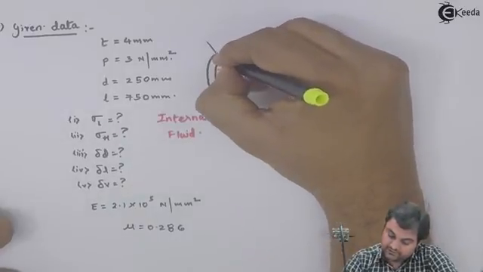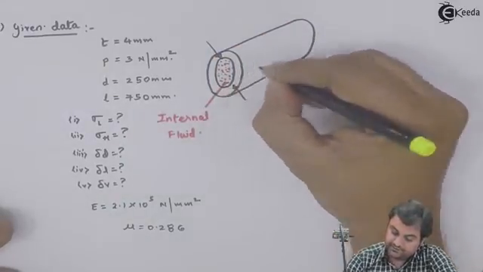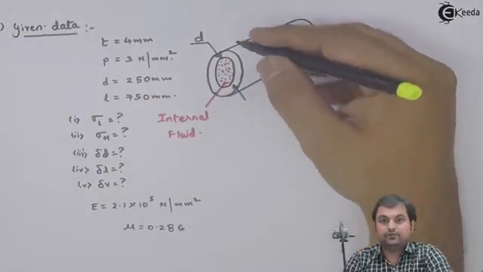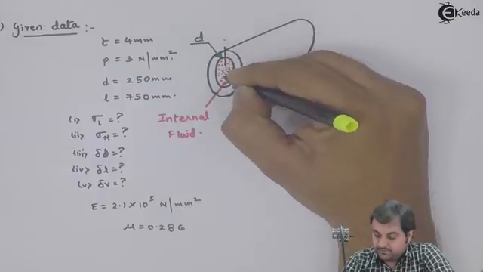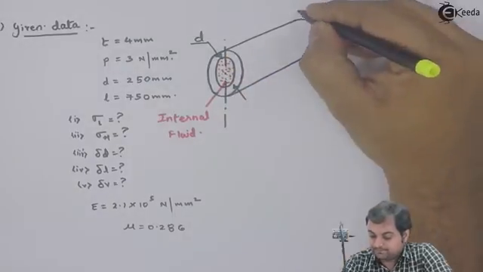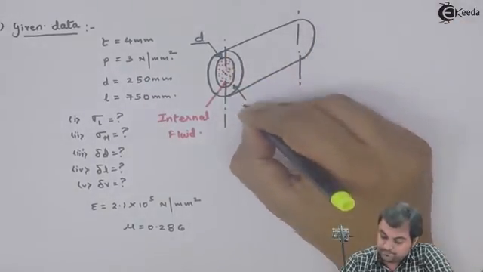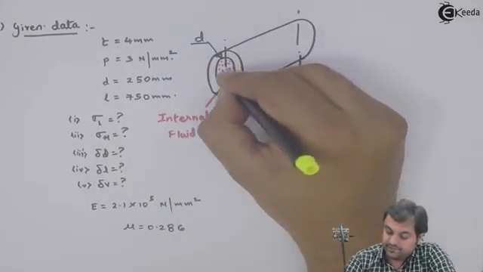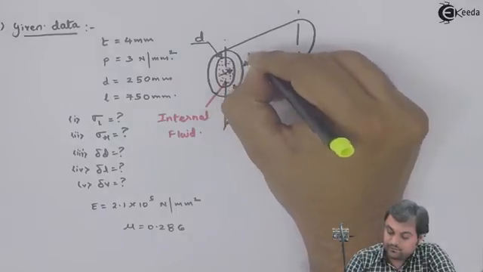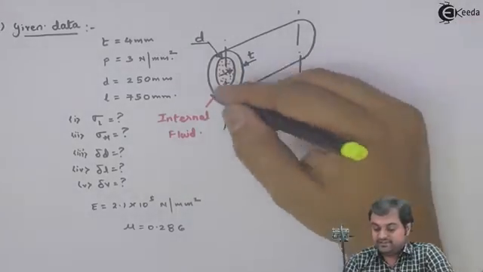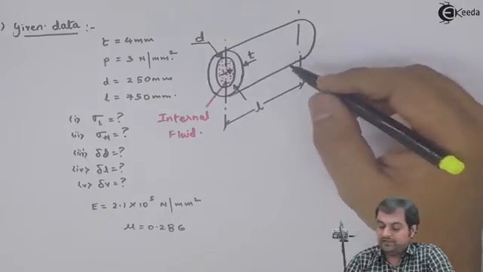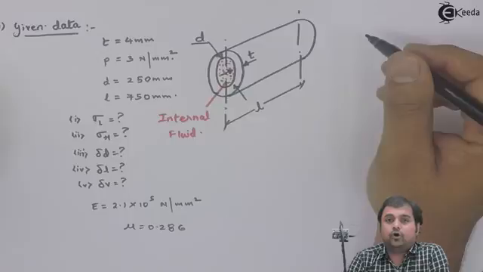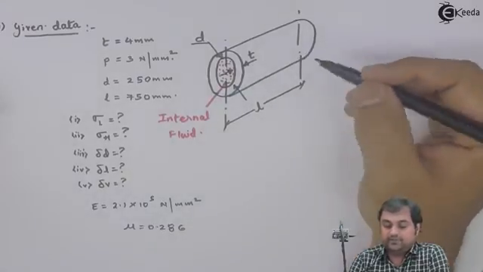The diameter of that thin cylinder is the internal diameter, I will call that small d. Then the length of this thin cylinder is denoted by L. The thickness is given by small t. Now this thin cylinder would be breaking into two parts based on whether it is circumferential or hoop stress. The breaking would be different.